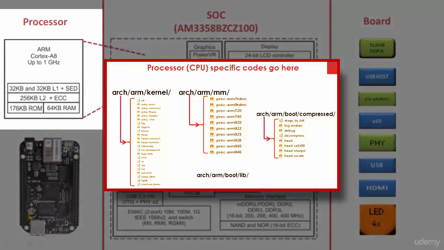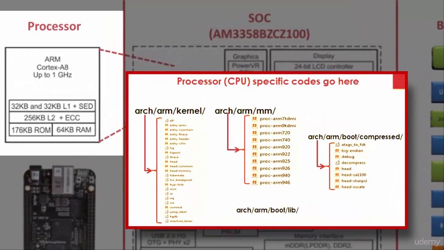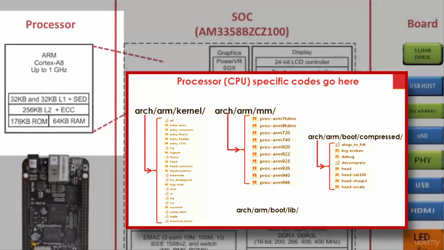The core ARM processor related codes, like to handle the memory management unit of the processor, or to handle cache memories, exceptions of the processors, etc. will go into these directories. Okay, so you might have seen some of these when I was explaining the Linux kernel boot sequences.